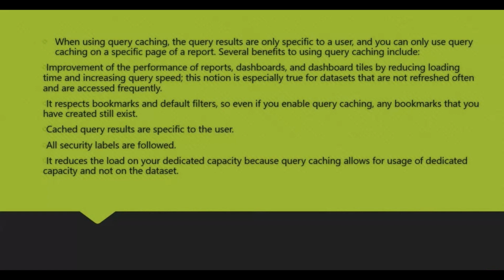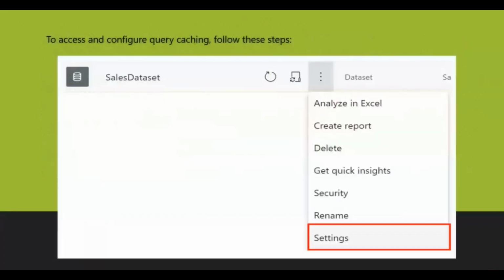It respects bookmarks, so whatever bookmarking and filtering you have done, it will not remove them. Cached query results are specific to a particular user, and all security levels are respected, so it is a very good feature from both a security perspective and a faster loading perspective.